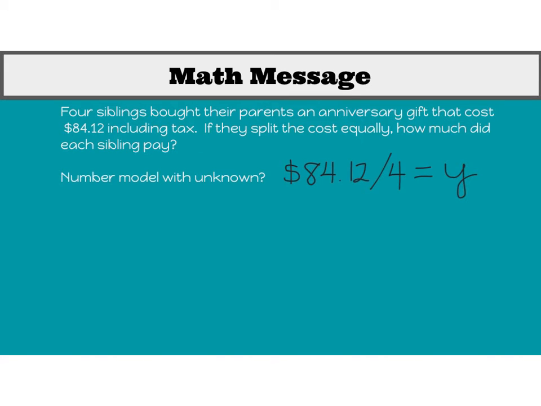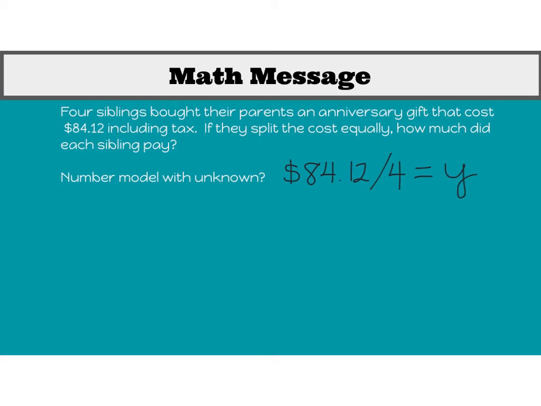Okay, so let's take a look at the number model with our unknown, and hopefully you wrote the same thing. So I've got $84.12 divided by 4, because there's 4 siblings, equals Y. Now, there's several different strategies that we could probably use to work this problem out.